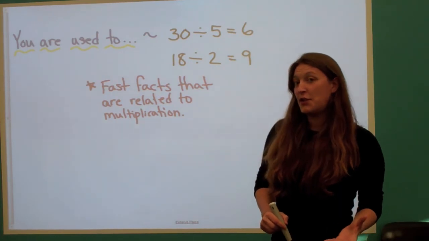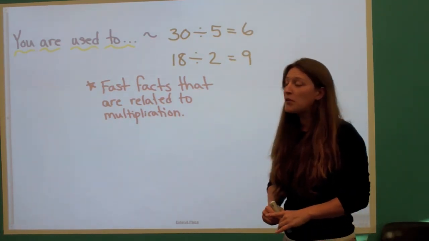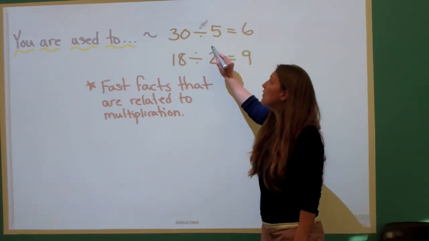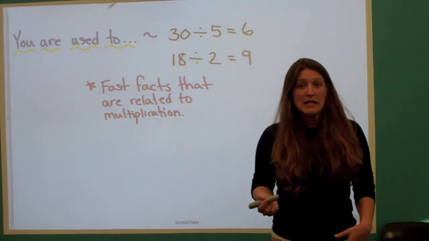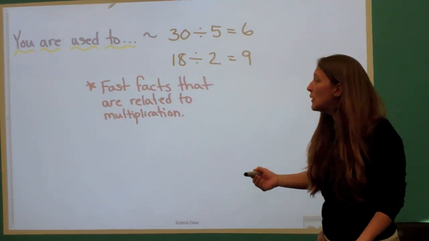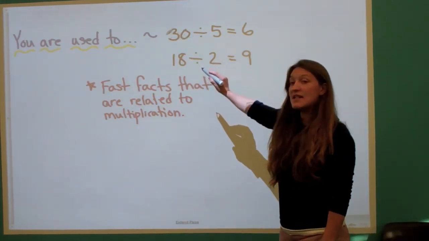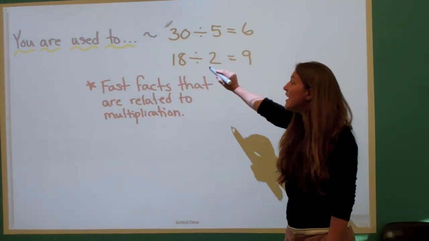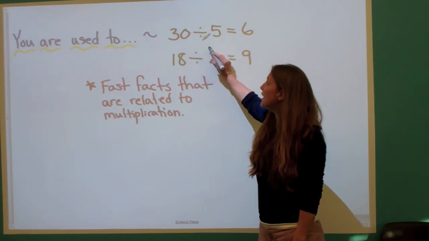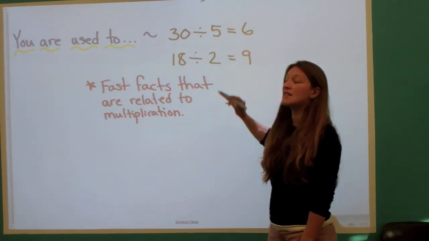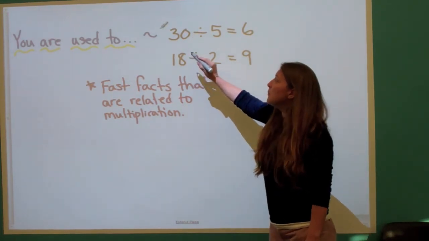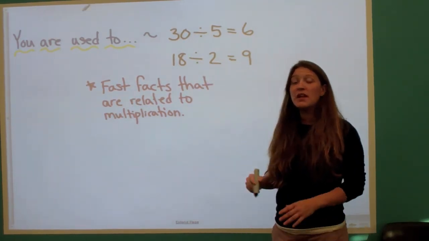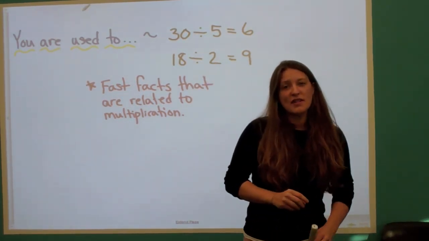We're used to looking at division problems with a symbol that looks like this. That symbol says divided by. So when we're looking at this division sentence, it says 30 divided by 5 equals 6. The first number in a division problem is going to be the largest number.